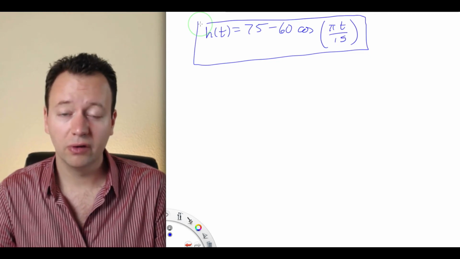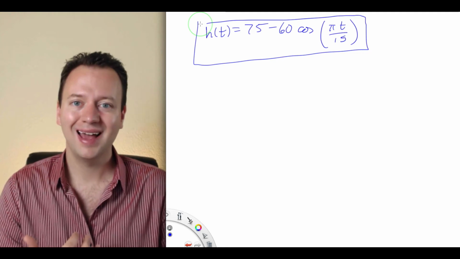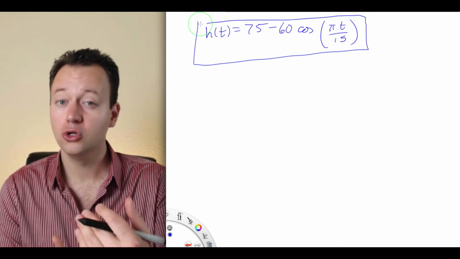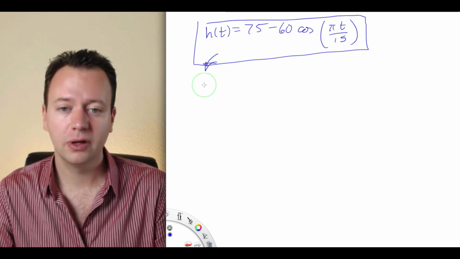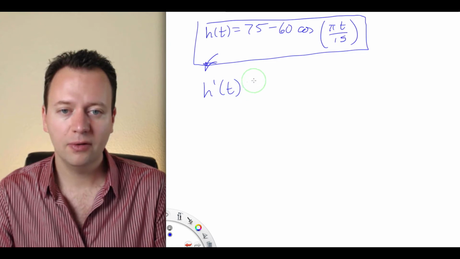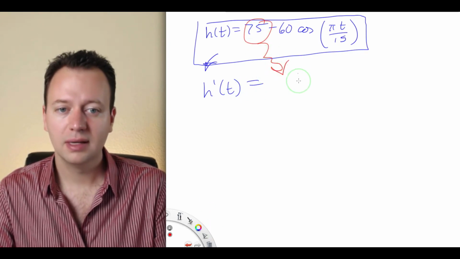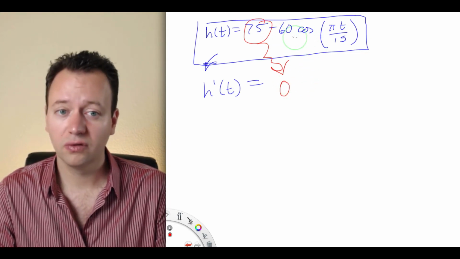Now we want to take the derivative of this and compute at what rate the passenger's altitude is changing as a function of time. So to do that, we just take the derivative. So there's h of t, h prime of t: derivative of 75, 0, and then now we have to take the derivative of the cosine function.